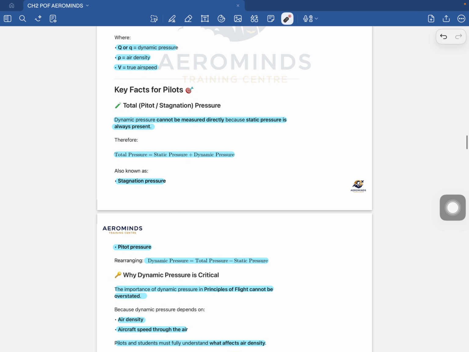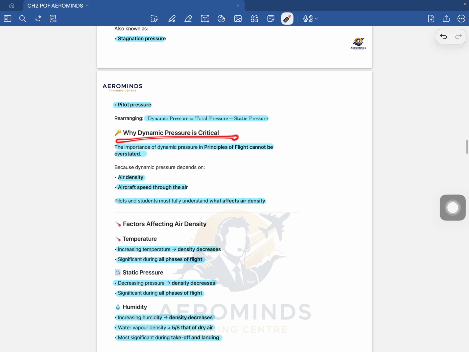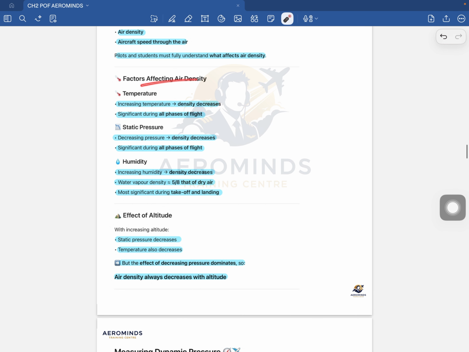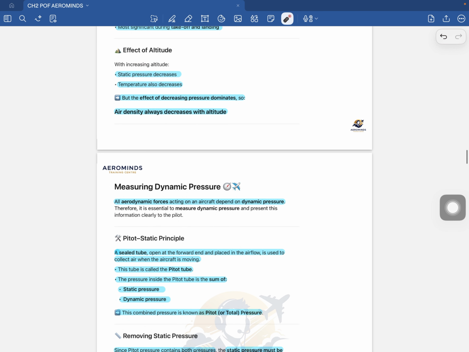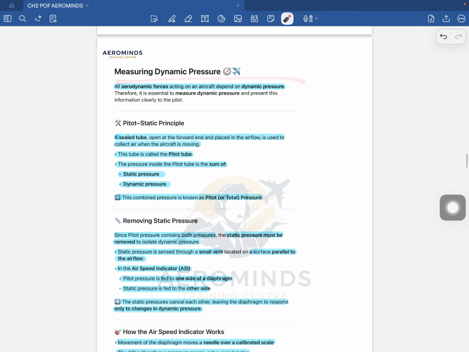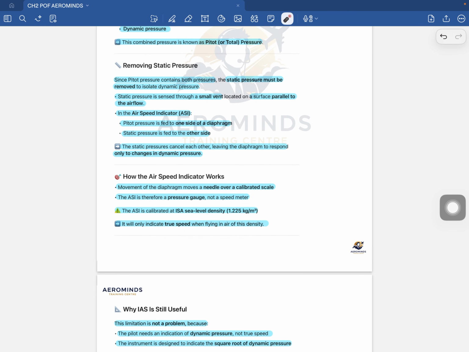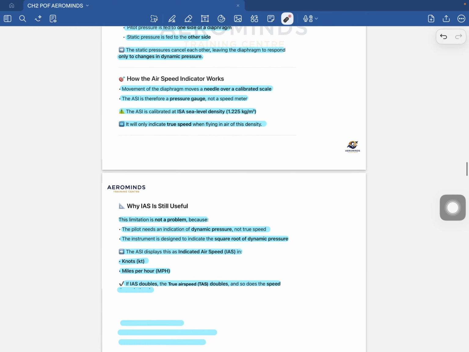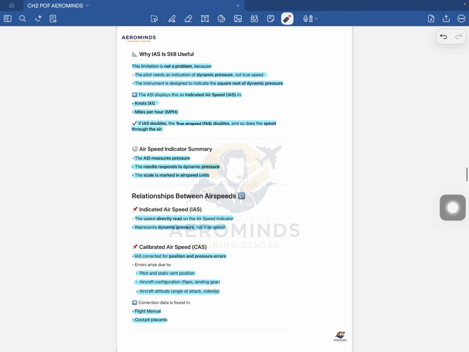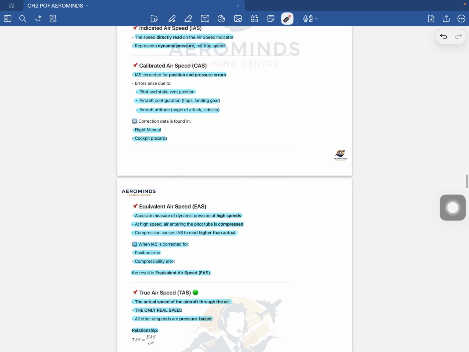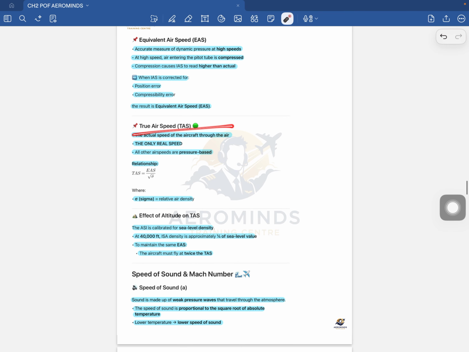Then we saw the total pressure again, why dynamic pressure is critical, factors affecting density, effect of altitude. Then the measuring of dynamic pressure, pitot-static principle, removing the static pressure, how the airspeed indicator works.